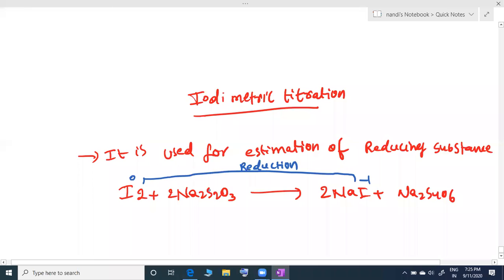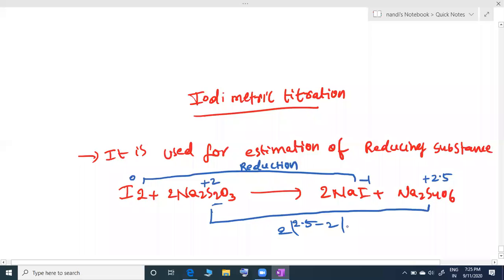Now you can find sulfur here is +2, and here it is +2.5. So +2 to +2.5 means loss of electrons occurs. You can see the difference, 2.5 minus 2, is for one sulfur. But 2 sulfurs are there, so 2 into 0.5, which is 1; you get the n factor.